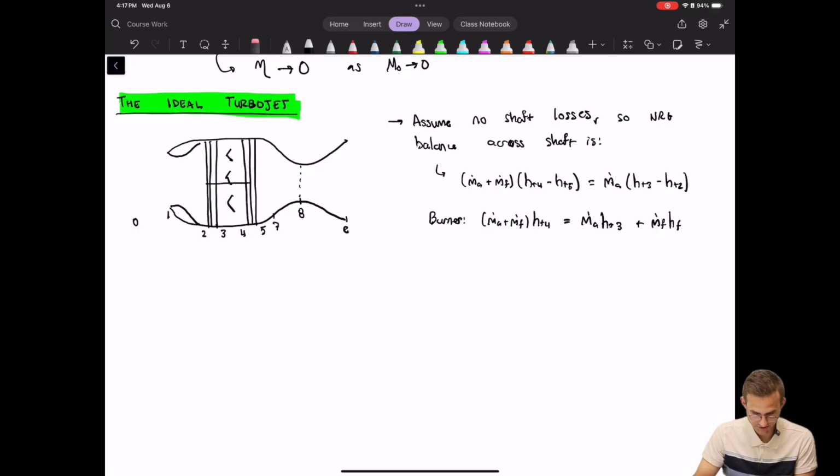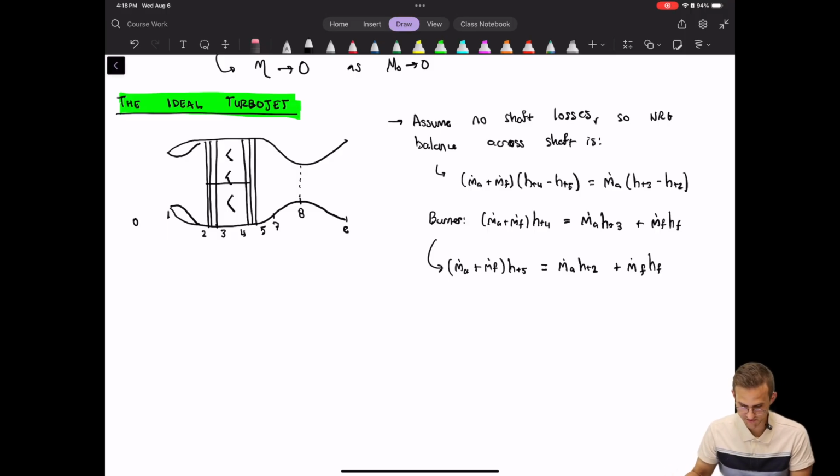We can substitute these terms in to get an overall energy balance, including the burner: m dot A plus m dot F times HT5 is equal to m dot A HT2 plus m dot F HF.